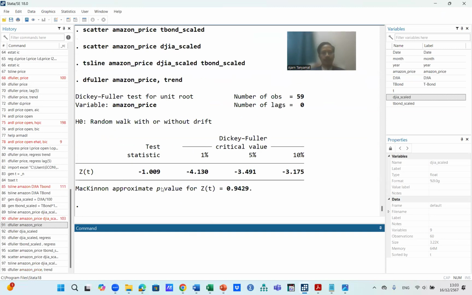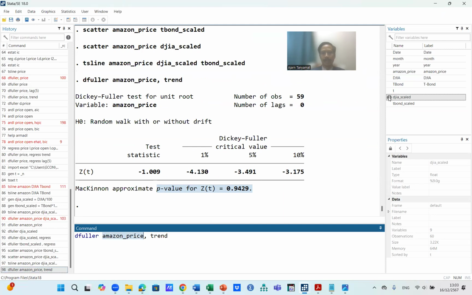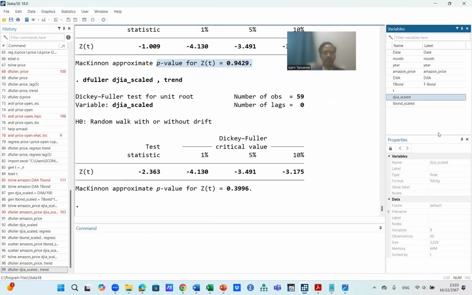Okay. Has result p-value 0.94, not trend stationary. Now do the same for DJIA. Getting pretty close. The p-value is still not significant, but it's lower. So DJIA seems to be driven a lot by the trend, right? But it's still non-stationary, even if we're controlling for the trend.